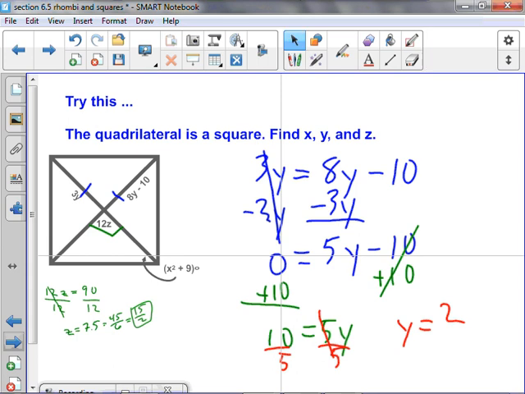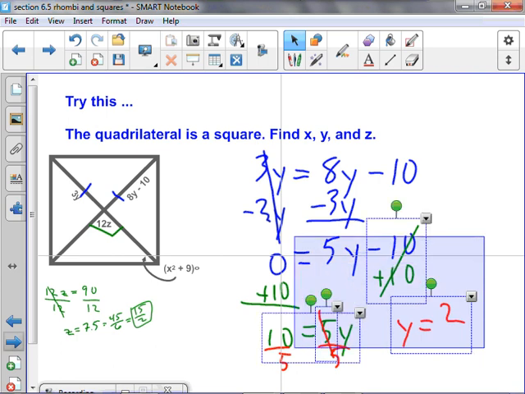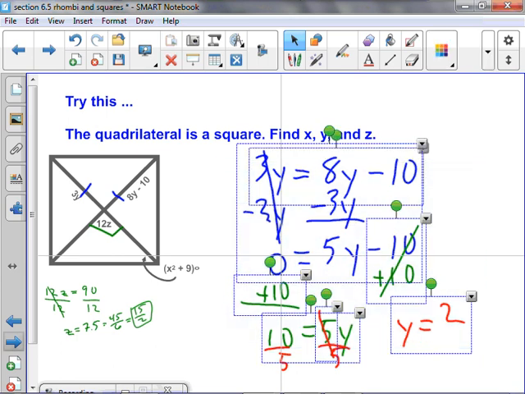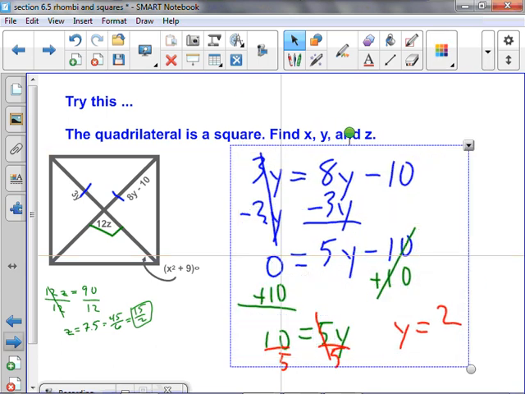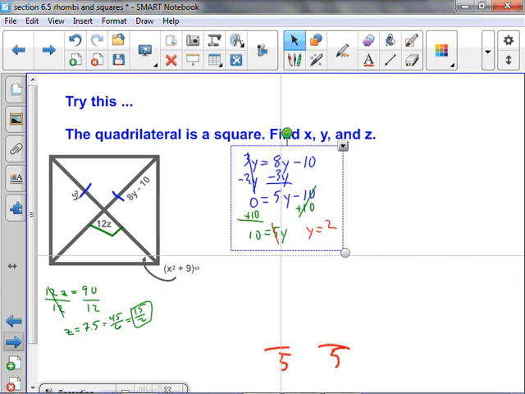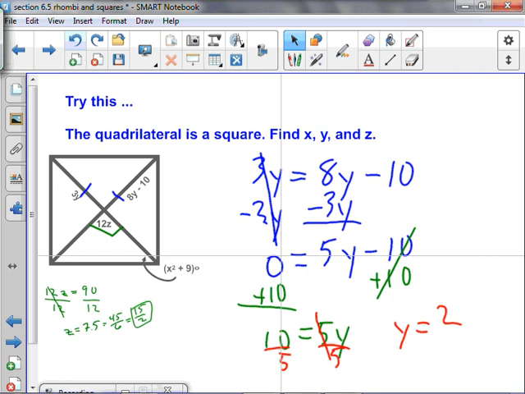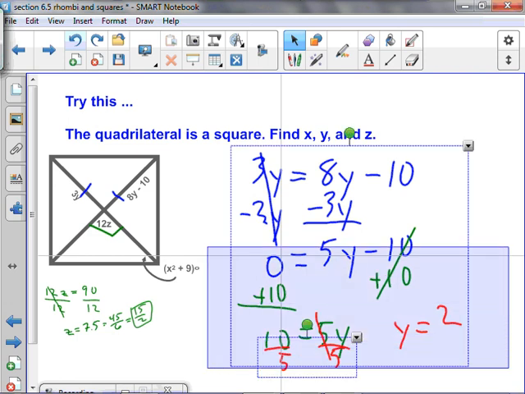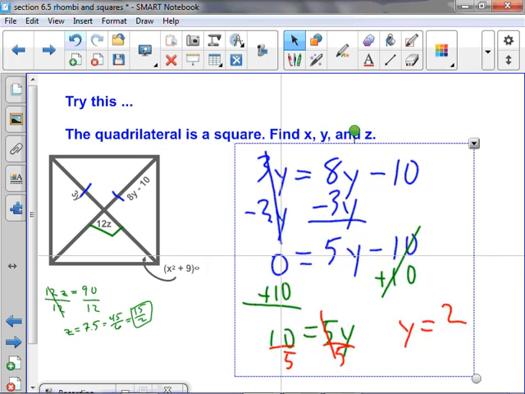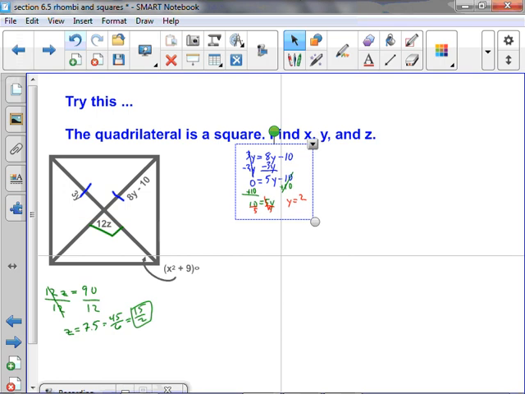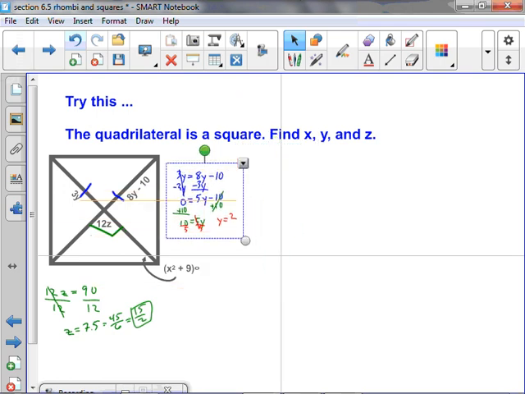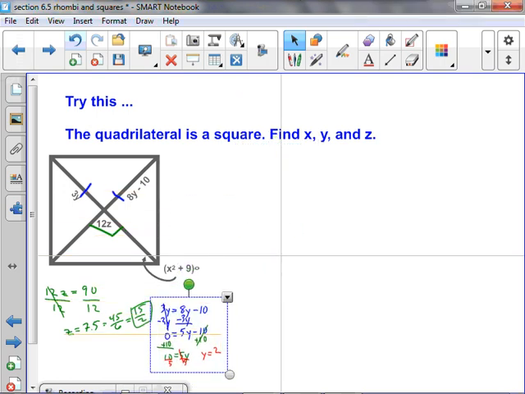Okay, so now I've got y. And that leaves only x to deal with. Shrink this out of the way. Put it down here.